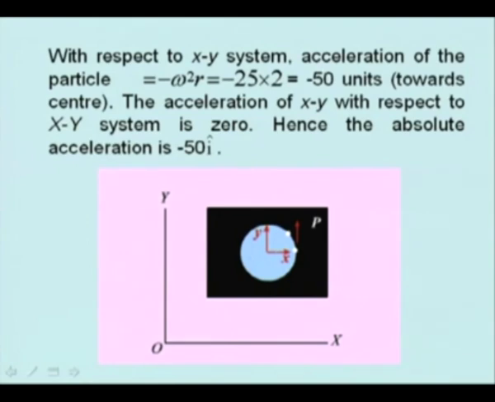Therefore, this is equal to minus 25 into 2, where omega is 5 radian per second and r is 2 units. So this becomes minus 50 units towards the center. The acceleration of xy with respect to the capital XY system is 0 because the cardboard is moving with a constant velocity. Hence, the absolute acceleration is minus 50I itself.